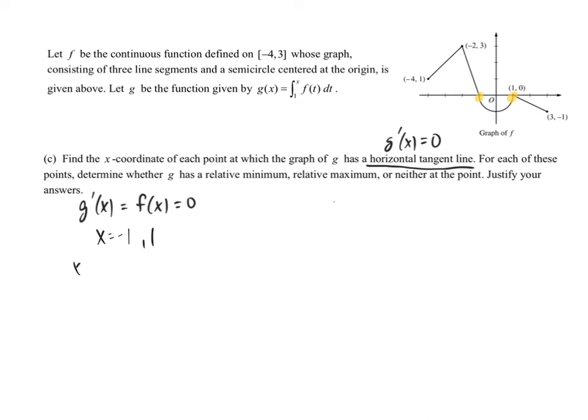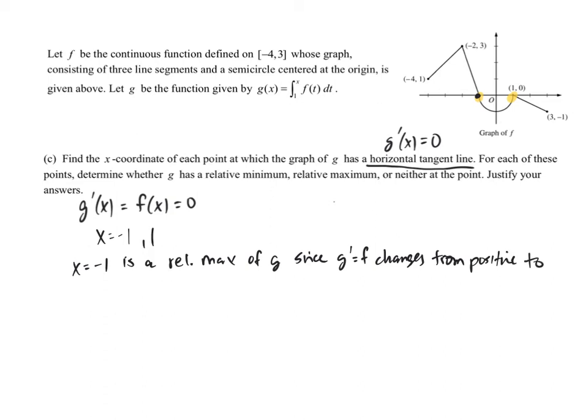Starting with the first value, x equals -1, what I notice is that the derivative of g, which is f, is changing from positive to negative. That would create a relative maximum on the graph of g. So x equals -1 is a relative max of g because g prime, which equals f, changes at that point from positive to negative.